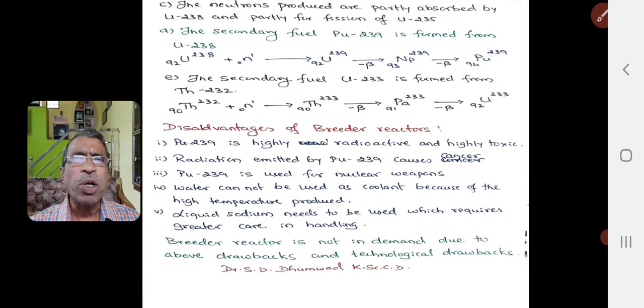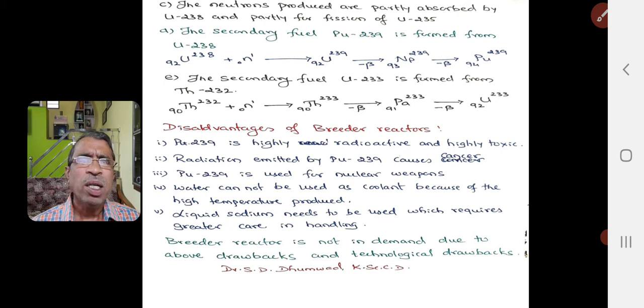The neutrons produced are partly absorbed by uranium-238 and partly used for fission of uranium-235. So here the reactions are shown. The secondary fuel, that is plutonium-239, is formed from uranium-238.